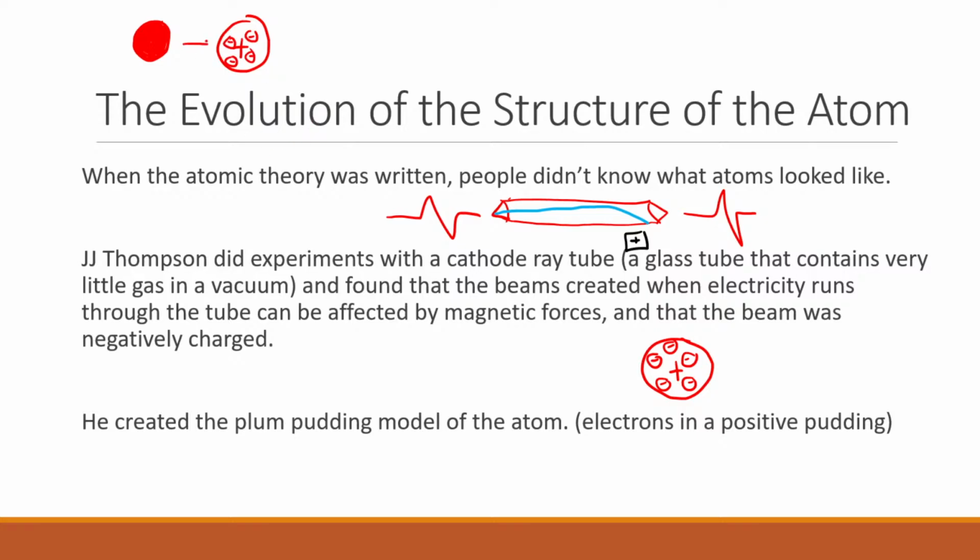And because of the way this model came about, he called it the plum pudding model, where there's a positive pudding with little negative electron plums. And that's the first step we have into the model of the atom that we know today. Was this accidental discovery of electrons.